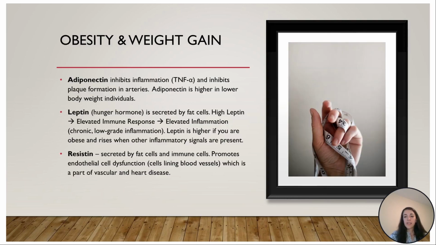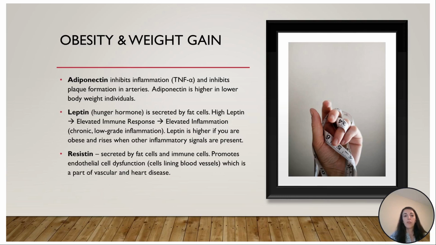So obesity and weight gain are closely related to inflammation as well. There's sort of a chicken or the egg thing going on with that, where being overweight can cause more inflammation, but it can also make it harder to lose weight. I'll tell you a little bit about how that works with these different hormones.